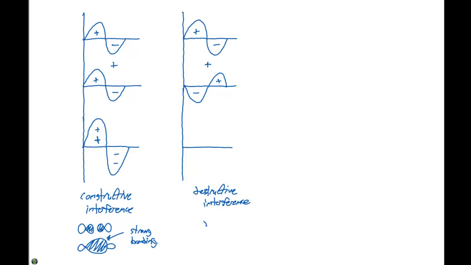If, on the other hand, we have two orbitals that come together of opposite phase, where our interaction here has two waves that destructively interfere, we're going to get something that looks kind of like this, with no electron density in the center section. Okay, so we can kind of characterize this. On the left-hand side, we have a bonding interaction, and over here on the right-hand side, we're going to have an anti-bonding interaction.